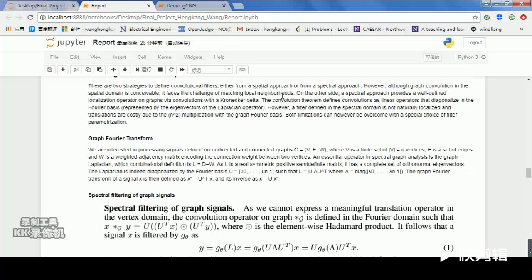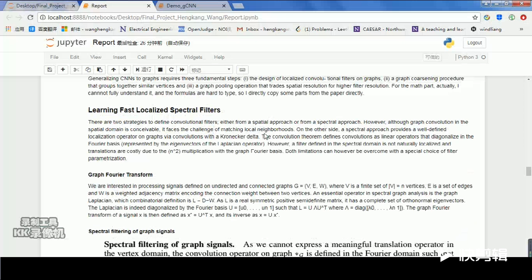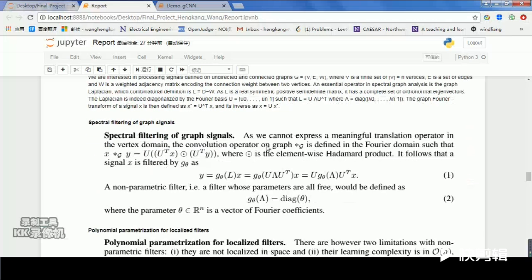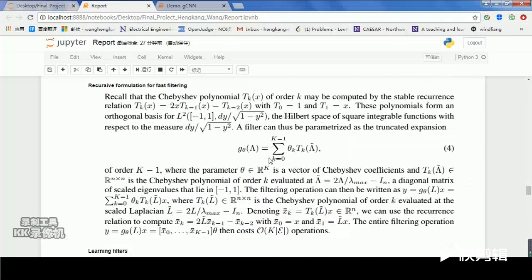And I introduce every part in detail. But to be honest, this paper is a little bit difficult for the math part, and typing the formulas is a little bit hard, so I just copied some parts of the paper here, and you can see.